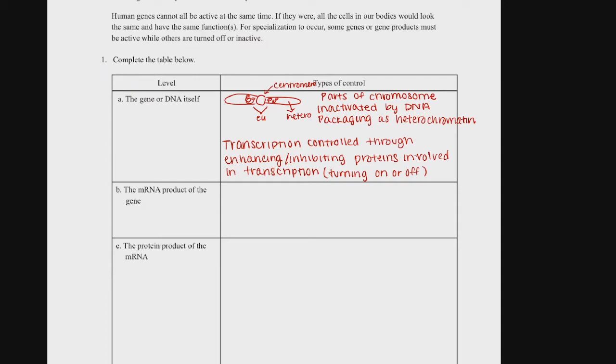Controls affect whether pre-mRNA is processed into mRNA, how long the mRNA is active in translation, and whether the mRNA is capable of being attached to the ribosome and translated.